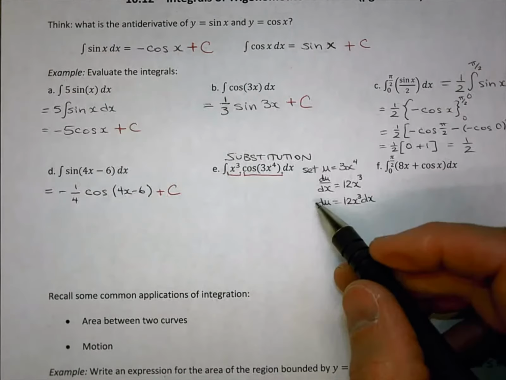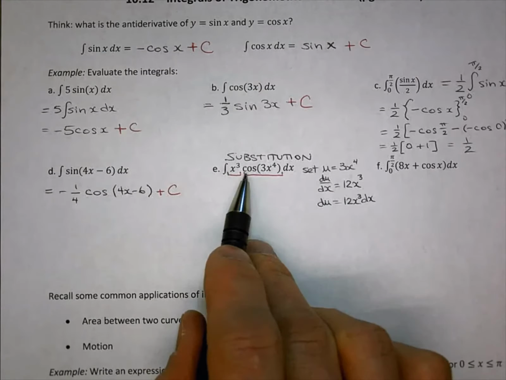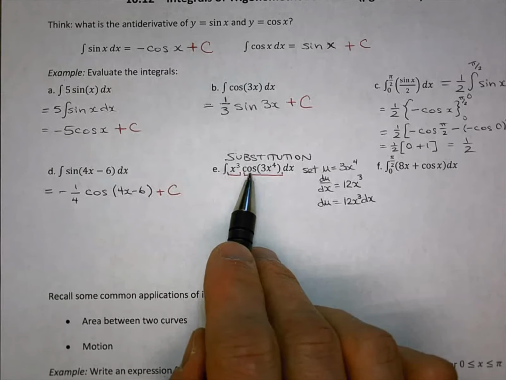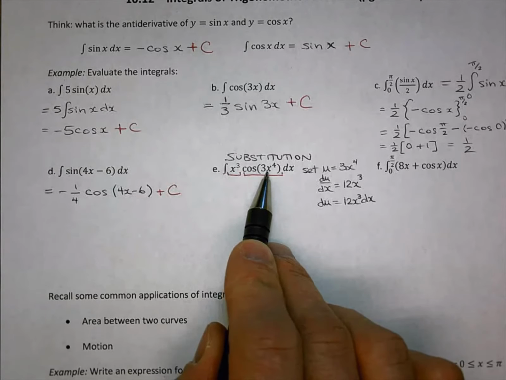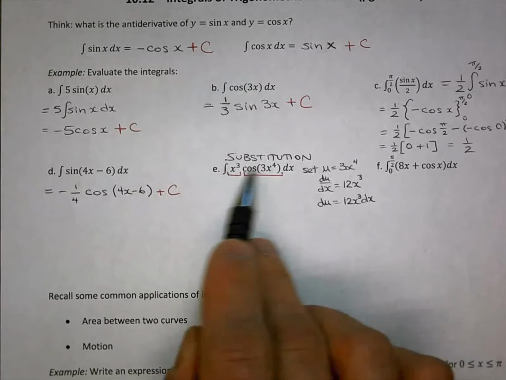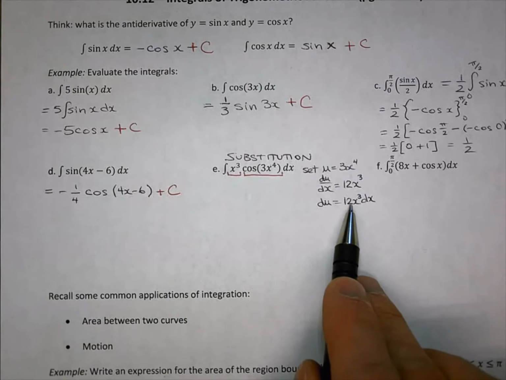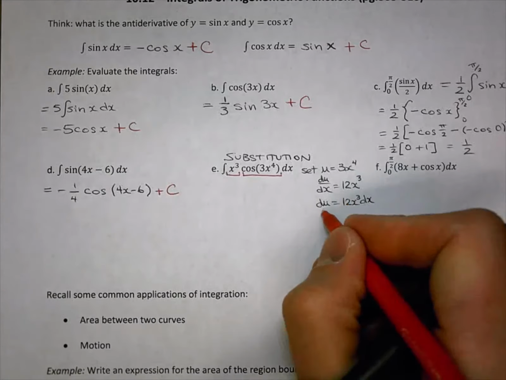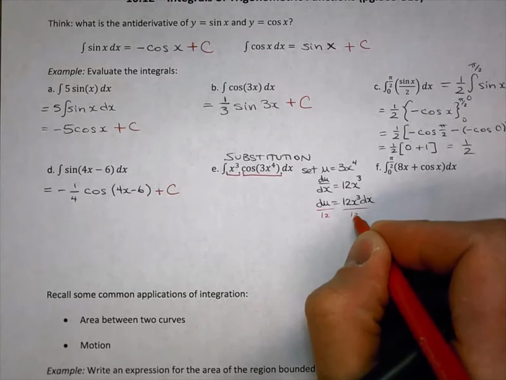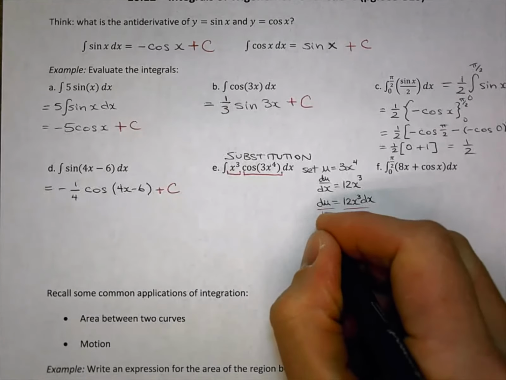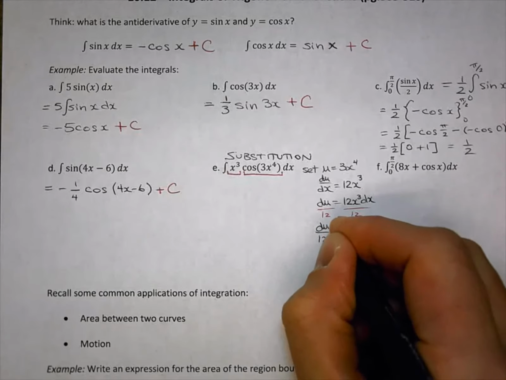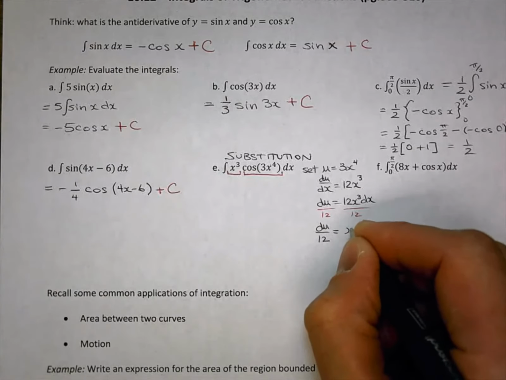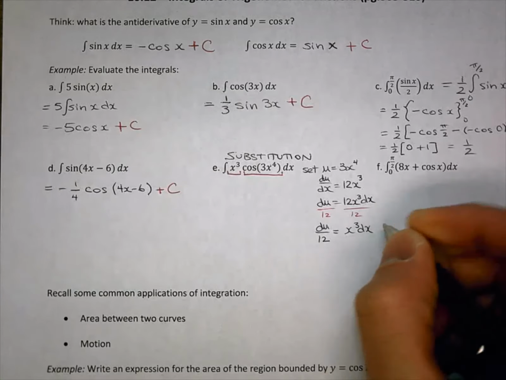Now, what I'm trying to do is replace this so it's all u's. So now I'm going to have cos u. The x cubed and the dx, those two things are here. Well, I have to get rid of this 12 if I'm going to do a direct substitution. So if I divide both sides by 12, now I have my direct substitution. du divided by 12 is equal to x cubed dx.